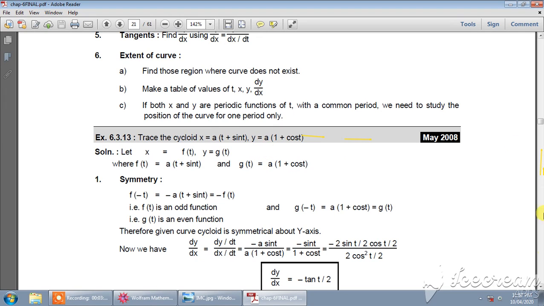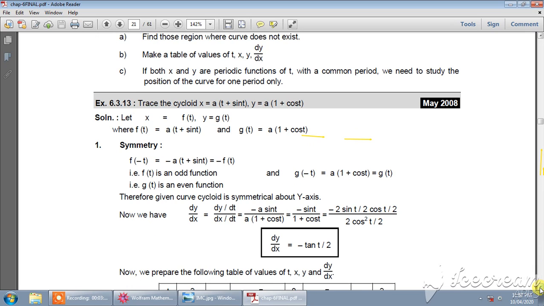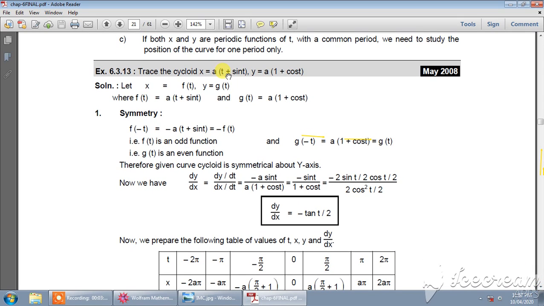Now let us go for symmetry. As I told you, this curve is symmetrical about the y axis, because if you replace t by pi minus t, y has the same value whereas x has an equal and opposite value. That's why this curve is symmetrical about the y axis. Then we will find the value of dy by dx.